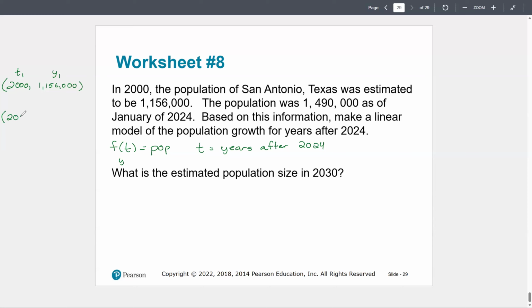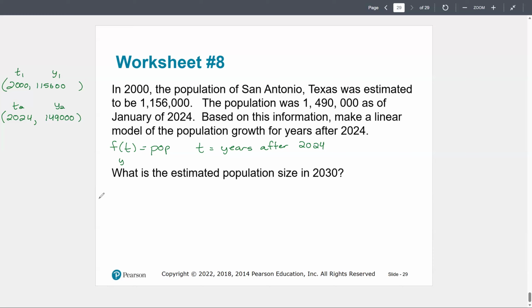So we'll do 2024, and in 2024, the population was 1,490,000. Let me get rid of my extra commas. We've got too many commas going on here. And we're going to call this T2, and we'll call this Y2.